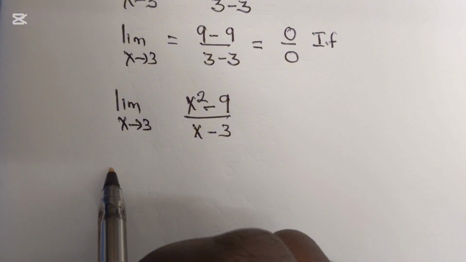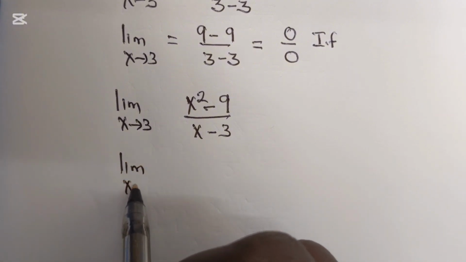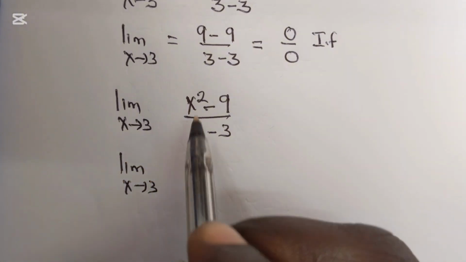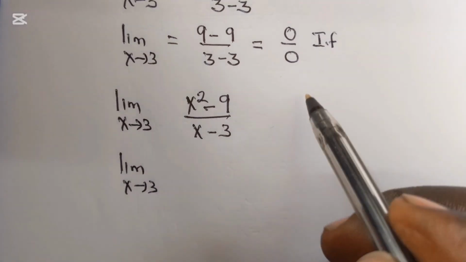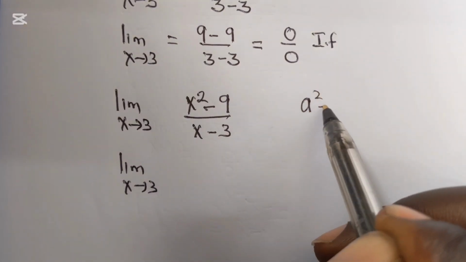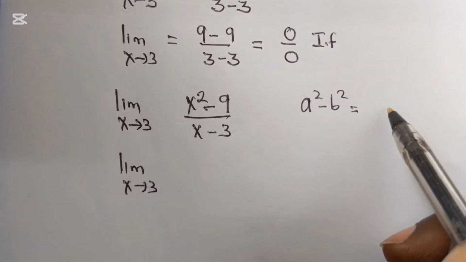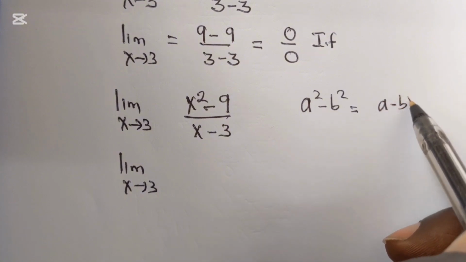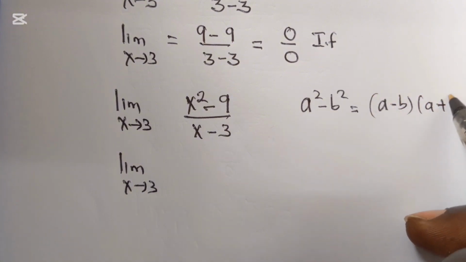This will bring limit of x approaching 3. Here we're going to use the formula a squared minus b squared equal to a minus b times a plus b.